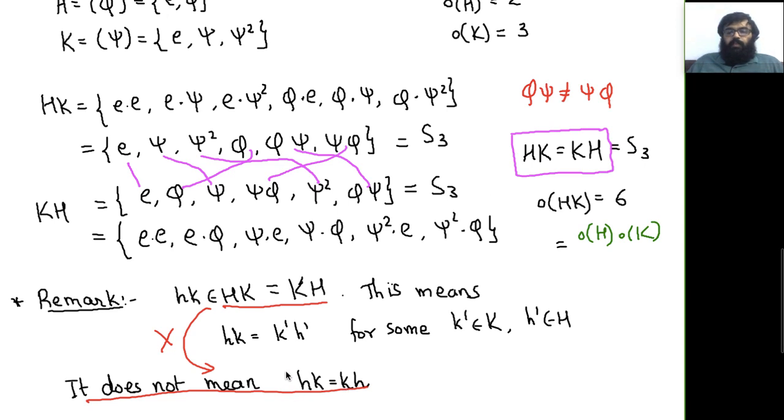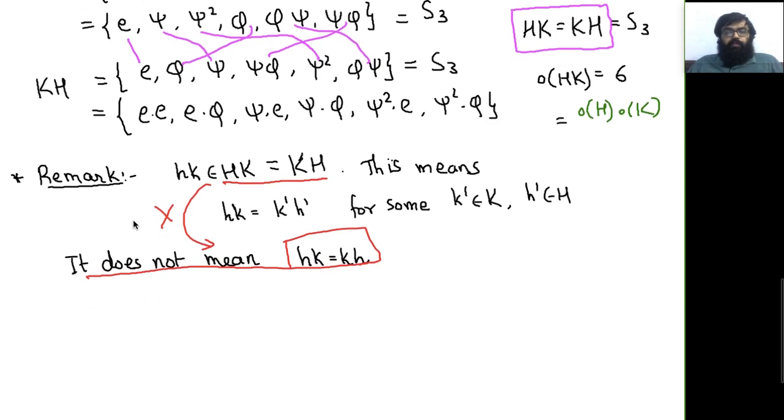So this is not true in general. When an element is in HK, it is also in KH, but that does not mean we can commute the two elements. What it means is that hk can be written as some k dash h dash, for some other k dash in K and h dash in H. Is it clear?